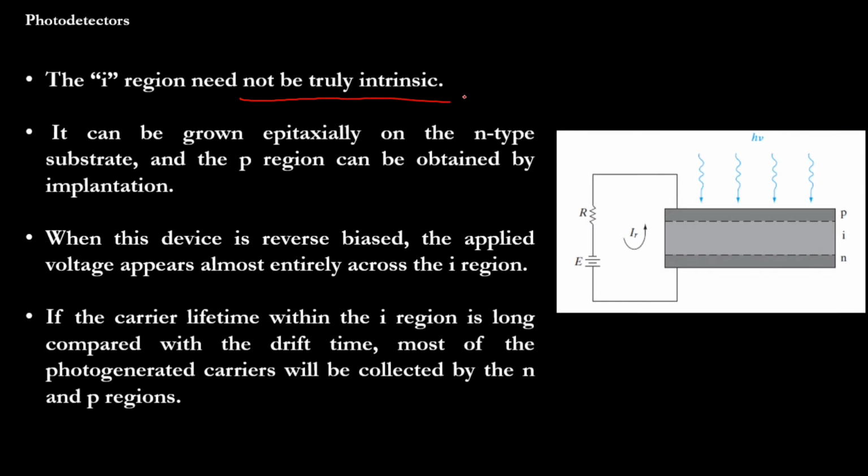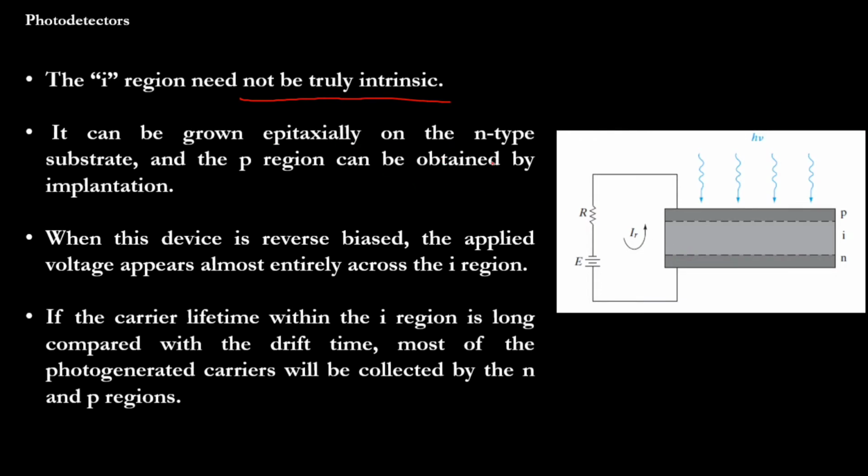It may be a lightly doped region. Basically, it is grown epitaxially on an N-type substrate. The construction of the PN junction is covered in the 5th module, then you will understand.